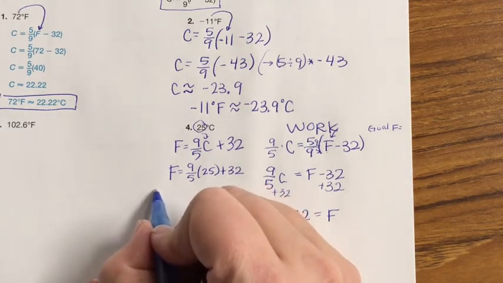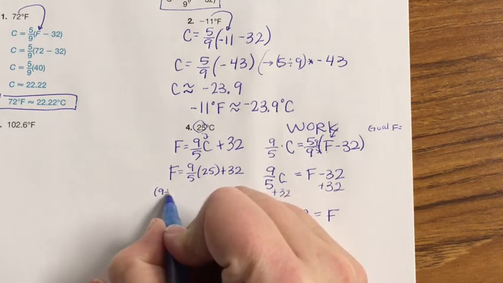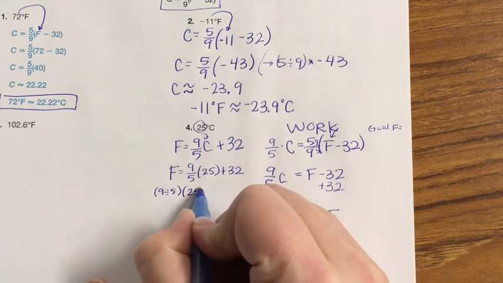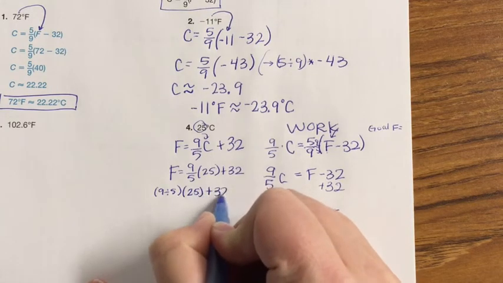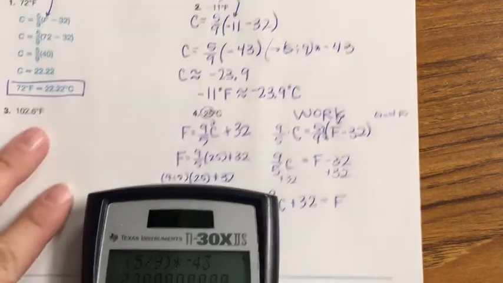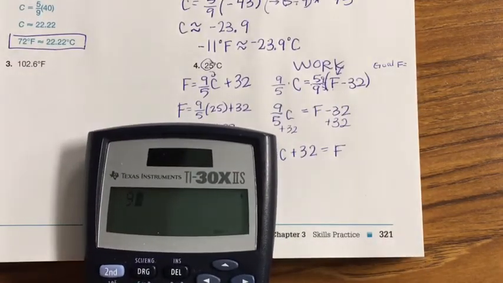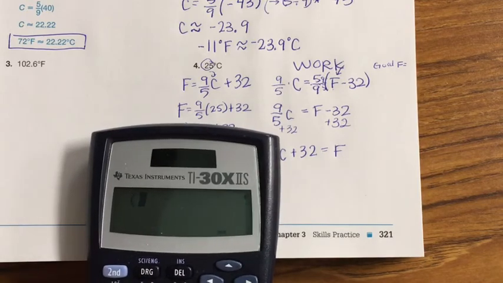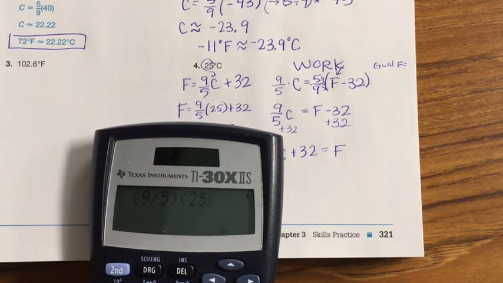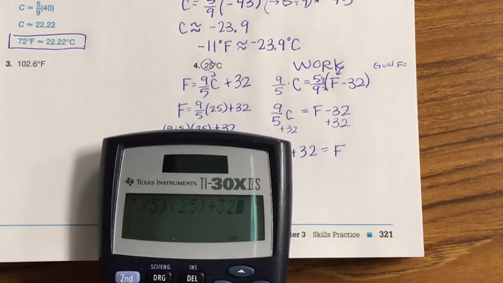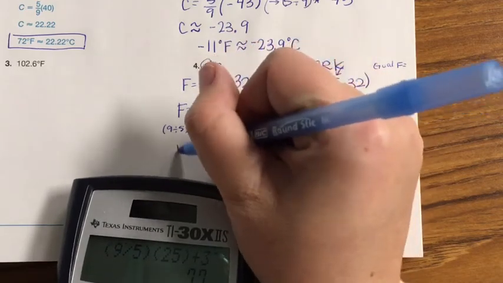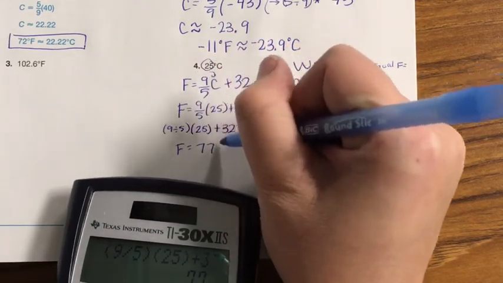So parentheses 9 divided by 5, close parentheses, times 25, plus 32, and you'll get the answer. And we get 77. So that's going to be F is equal to 77 degrees.